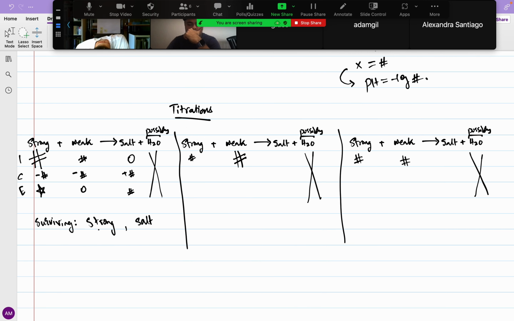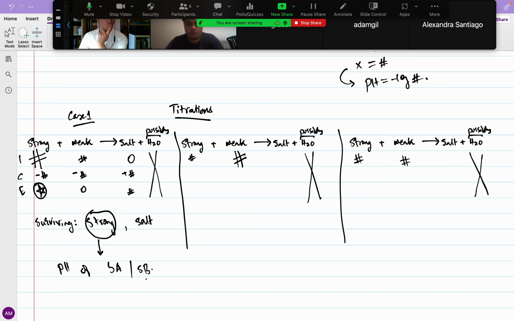And so you forget about the salt and you just focus on the strong species and calculate the pH of the strong species of this molarity at the end. Know what I mean? And so case 1 of titration breaks down into an earlier case, pH of strong acids or strong bases, which we've seen how to do before.